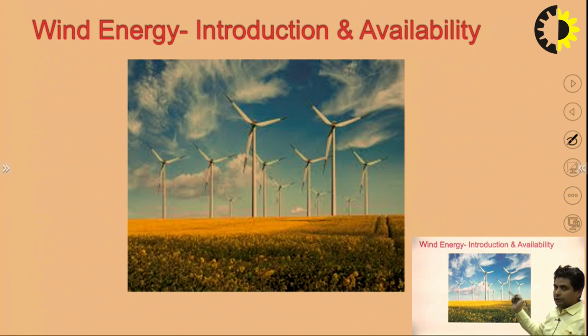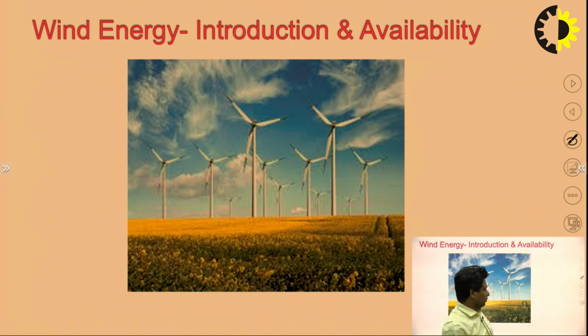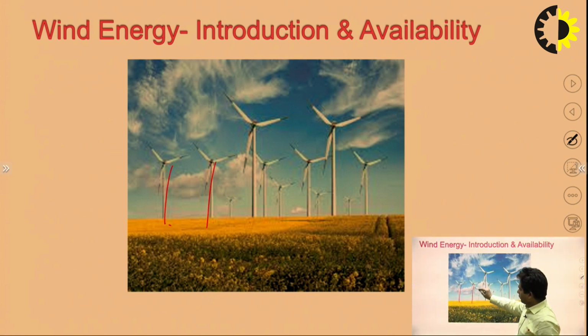Here in this picture you can see what wind is and how it is generated. Basically we locate different mills at a location where wind turbines can be rotated, these blades, and through these blades kinetic energy is produced, and this kinetic energy is used to drive the alternator for the conversion from mechanical to electrical, and then the alternator produces the energy.